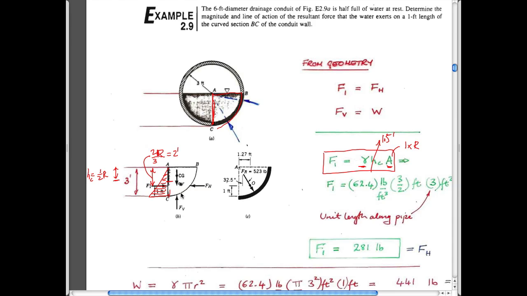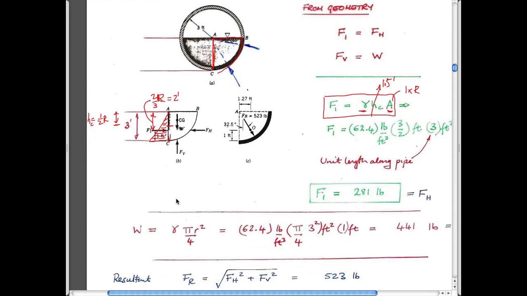So what's the weight of this? Well, the weight of this is just going to be pi r squared divided by 4. This is equal to the cross-sectional area of the pipe, the area of a quadrant, I guess, right?